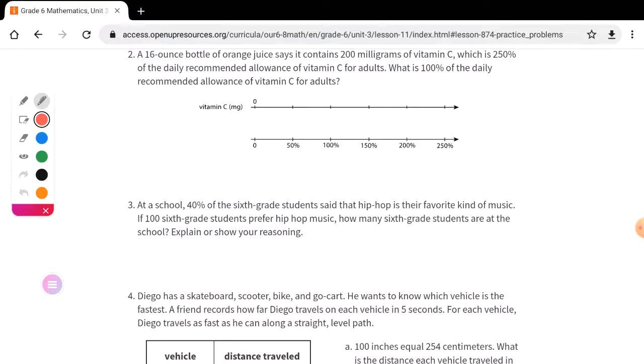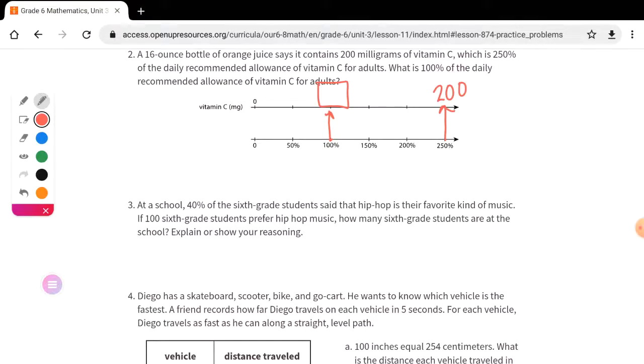First, look at the information it gives me. It says 200 milligrams is 250%. I put 200 over 250, because it's telling me 250 is equal to 200 milligrams. And it wants to know how much is 100. That's the number I'm looking for. Mallory, how can I figure out what I'm counting by?